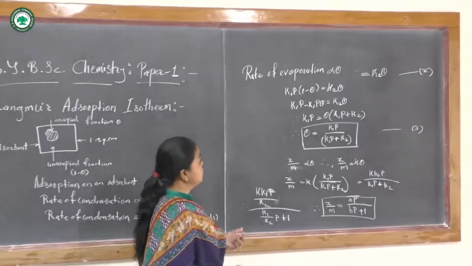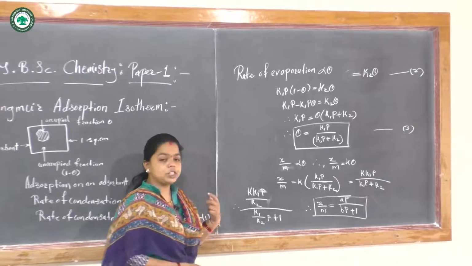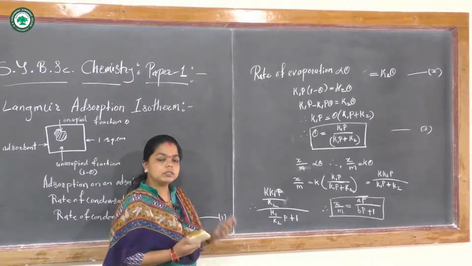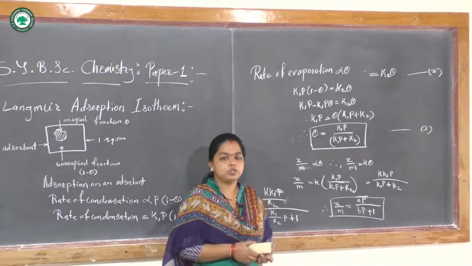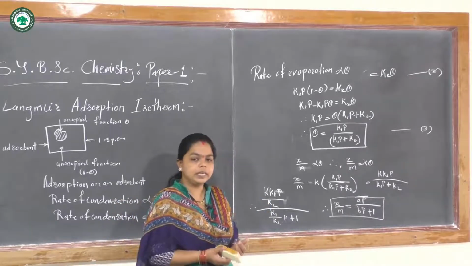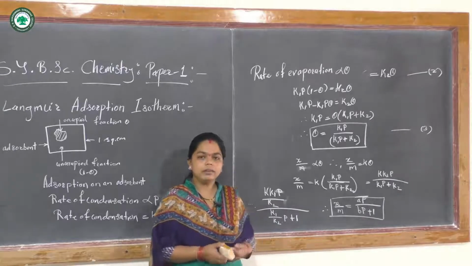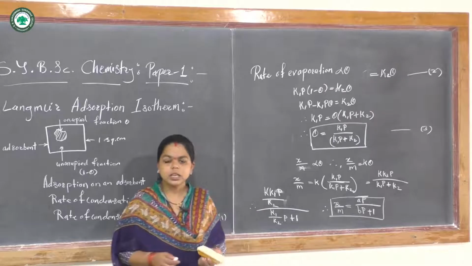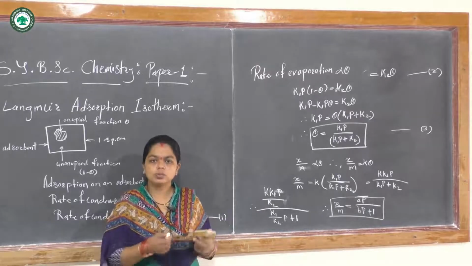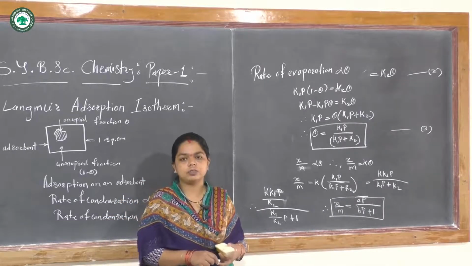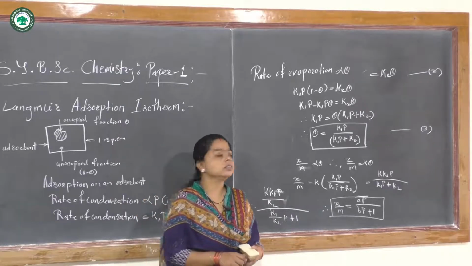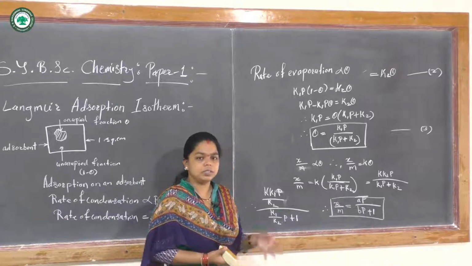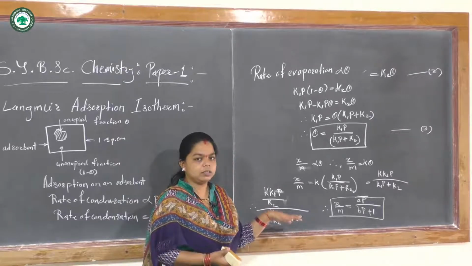If we consider the second stage, the rate of evaporation is found to be directly proportional to the occupied area. Why have we considered that, that is theta? Because evaporation occurs only in the area where adsorption has already taken place, where already adsorbed molecules are present, which is theta.